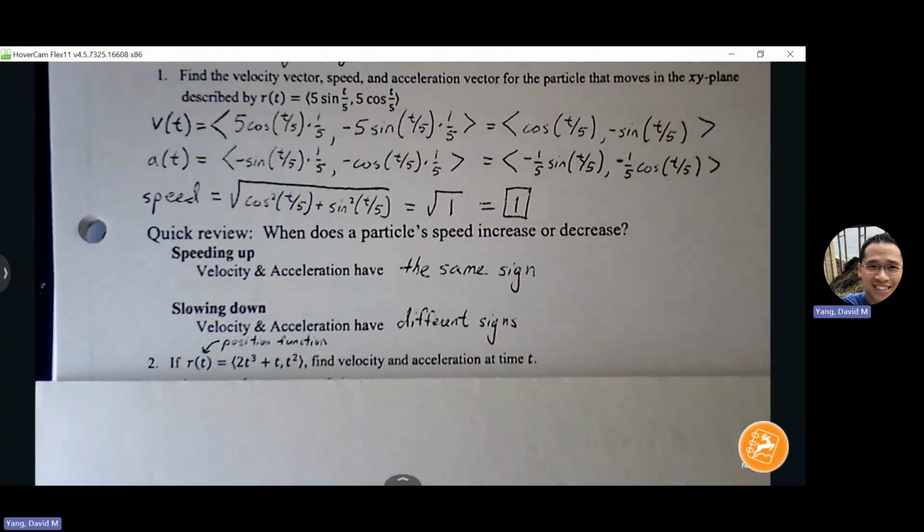All right, so number 2, if r of t is given by my vector valued function there, find velocity and acceleration.